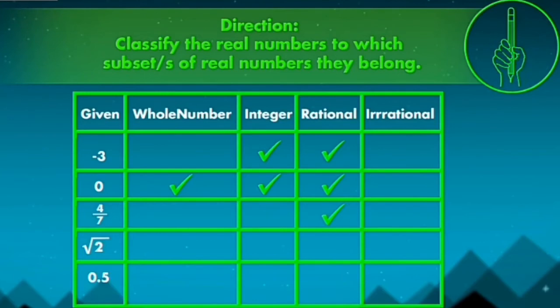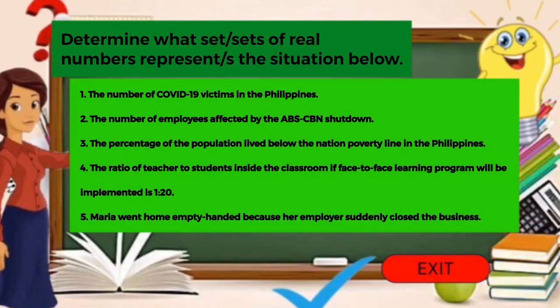It is an irrational number, since this number cannot be written as a ratio between two integers. And last but not the least, 1/2. It is a rational number, since it can be written as 1/2. It's good to know that you can now classify the real numbers to which subset they belong.